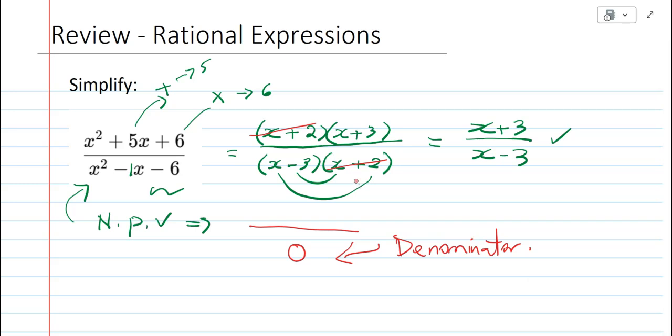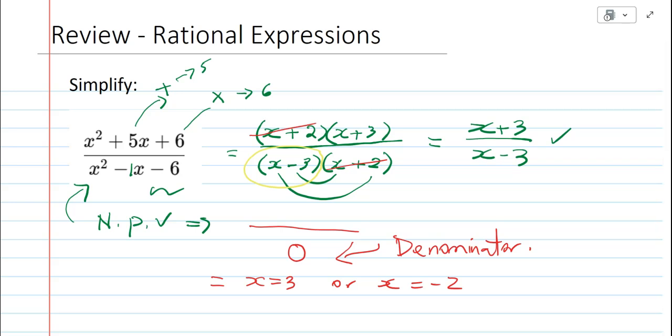This is when you have x equals 3 for the first factor, and the second is for x equals -2.